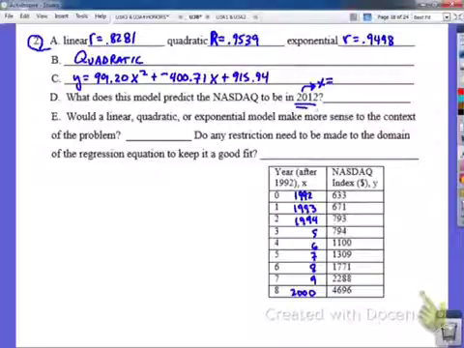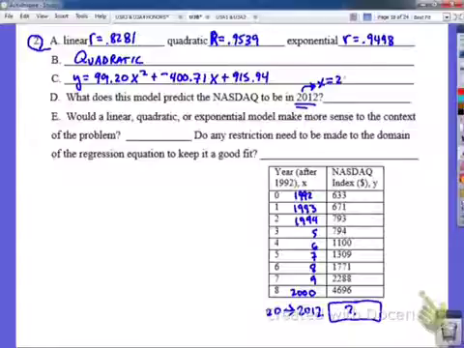The 8th year is 2000, and we want the year 2012, so we need 12 more years, right? So 8 years here, plus another 12, gets me to year 20, which corresponds to 2012. And the question here is, what is that value? We're going to figure it out right here.